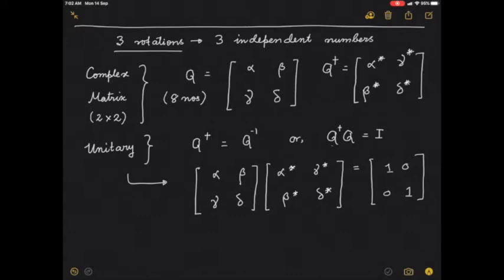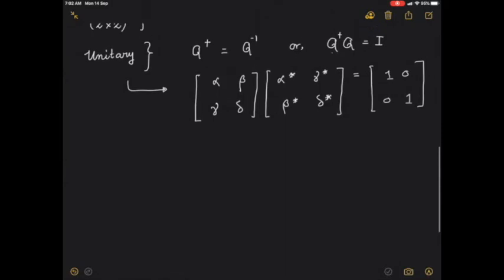But I need 3 rotations, so somehow I need to get 5 conditions on Q such that I'm left with 3 out of these 8 numbers. Now let us see what the unitary condition gives us.